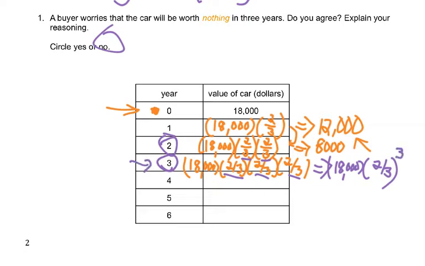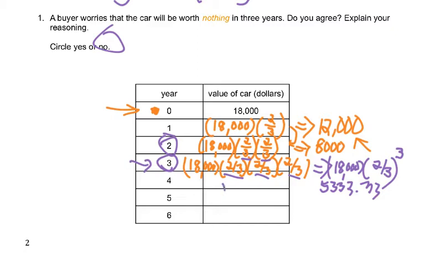And if I had to do it one more time, 18,000 times 2/3 times 2/3 times 2/3 again. And when I do that, I get $5,333.33. That's for year 3.